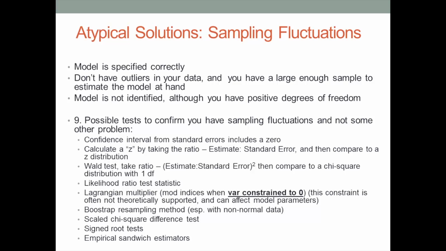If your model's specified correctly, you've checked your data, you've got a large enough sample, you don't have outliers, your variables aren't non-normally distributed, and you have positive degrees of freedom, then maybe you could look into some of these more complex solutions that you'll find in the literature.